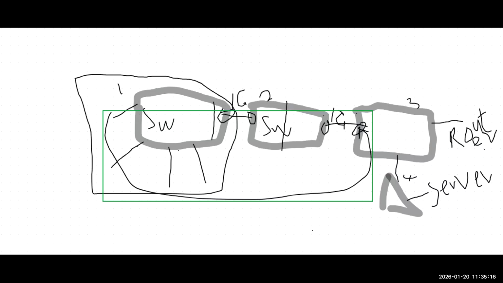So I get you now. This is what I was saying. In our campus, can you see number 3 device? That's the router. They have a router on the network. Then they have this server, number 4.